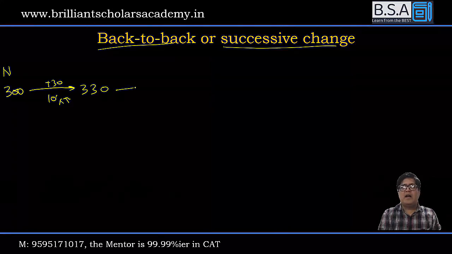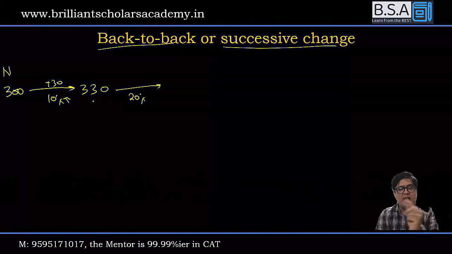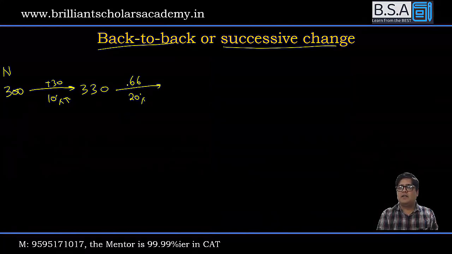Now I'm again increasing by a new percentage, 20%. But I'm increasing 330, I'm not increasing 300. What is 20% of this? It will be 66. So the value becomes 396.